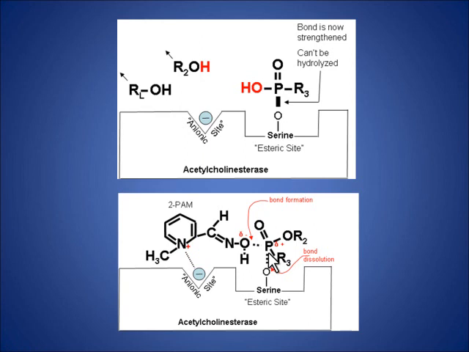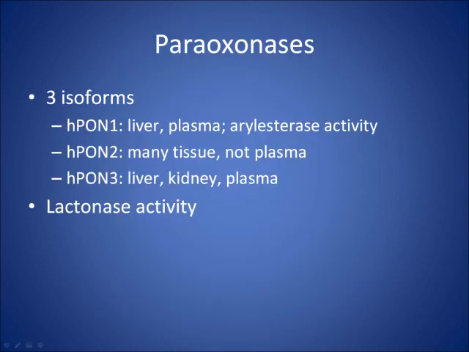This relieves the bonding with the serine of the acetylcholine esterase, allowing the 2-PAM organophosphate conjugate to dissociate from the enzyme. It is important that the antidote be administered as soon as possible after organophosphate exposure because the strengthening of the bond between the organophosphate and the enzyme during aging can reduce the effectiveness of 2-PAM therapy.